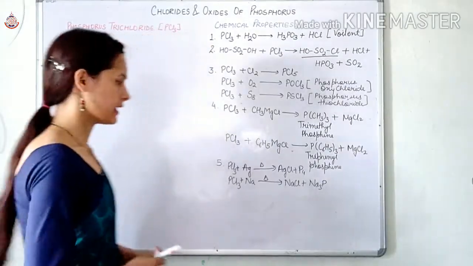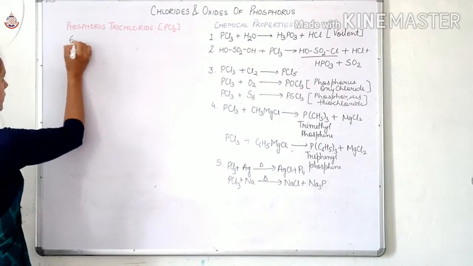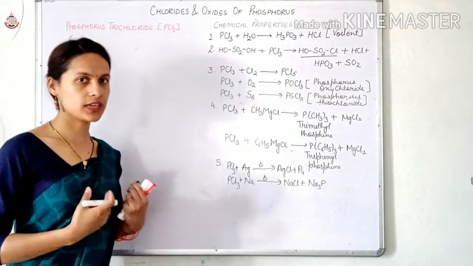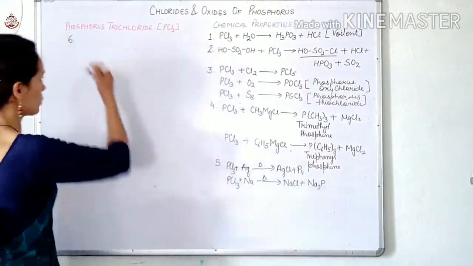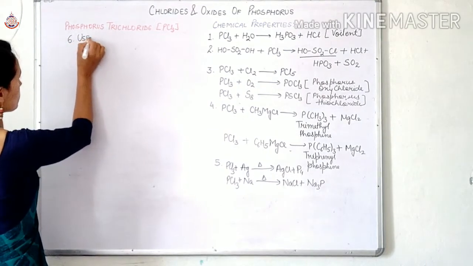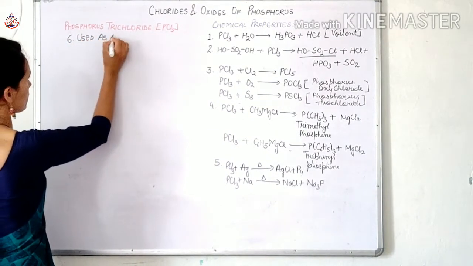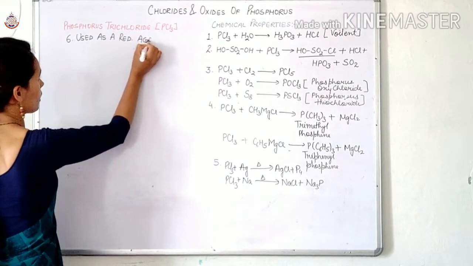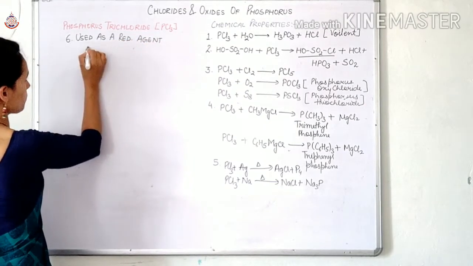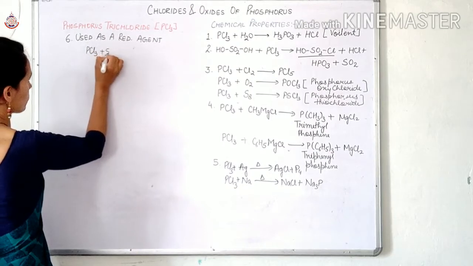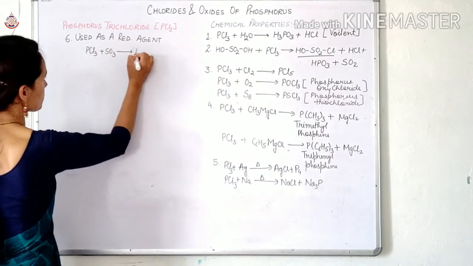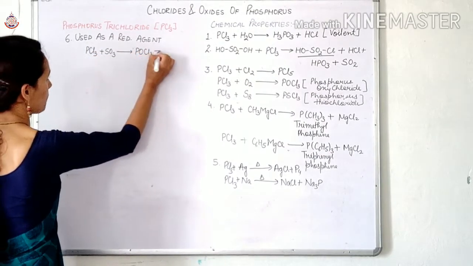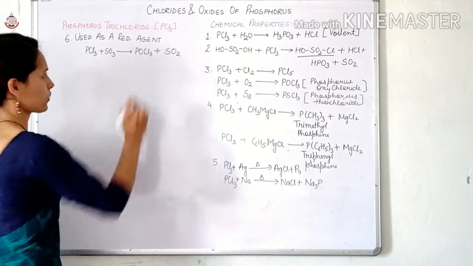The next property is that it is used as a reducing agent. From the reaction we get to know how it is used as a reducing agent. Suppose PCl3 reacts with SO3, then it forms POCl3 plus SO2.